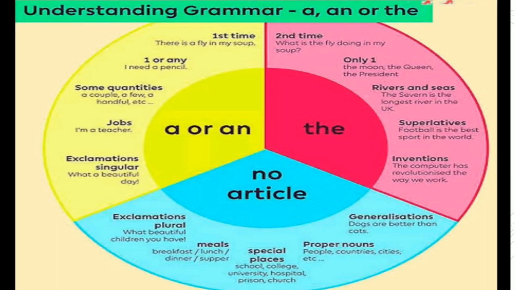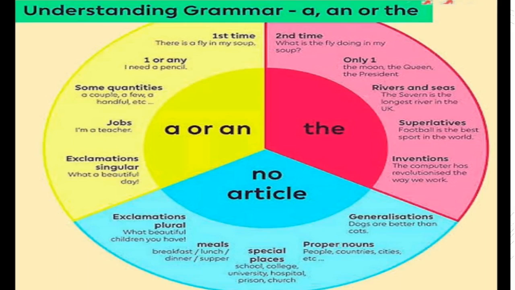In that case, we can use the, or for example with a noun that is unique: the earth, the moon, the Milky Way, the flute, the violin, the piano, the poor, the rich. So in that case, we use the as an article.